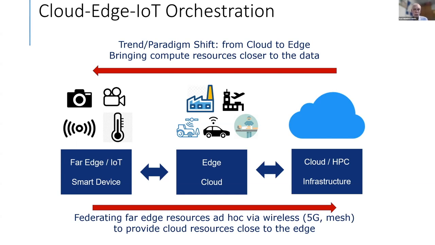The center infrastructure of edge computing has this role of orchestration, including also new types of network functionality and capabilities offered for mesh networks or 5G.